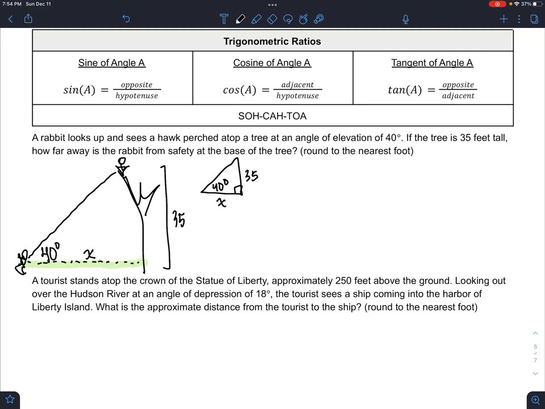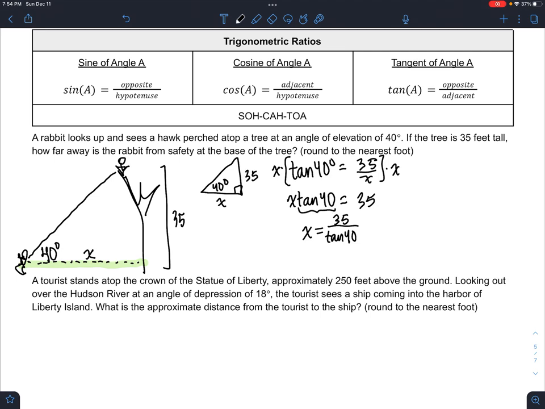If you think about which trig function to use, you have them all right there for you. Tangent is going to be the best option. Tangent 40 equals 35 over x. You can multiply both sides by x or cross multiply. We get x times tangent 40 equals 35. And just like we've done, you divide by that entire tangent 40, because it is multiplied to x, so we need to divide it.